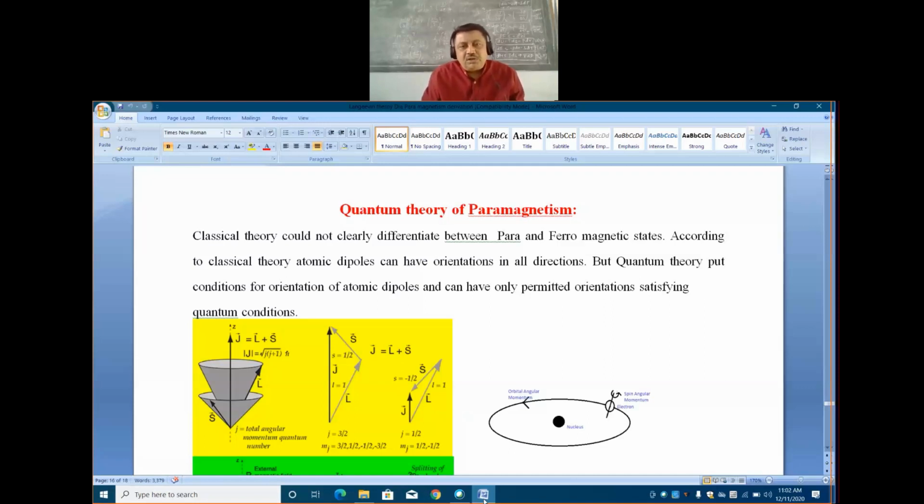There was no restriction on the direction of orientation of the dipole, but quantum theory put conditions for orientation of atomic dipoles, and they are allowed to have only the orientations which satisfy the quantum conditions. So we start with the basic idea.